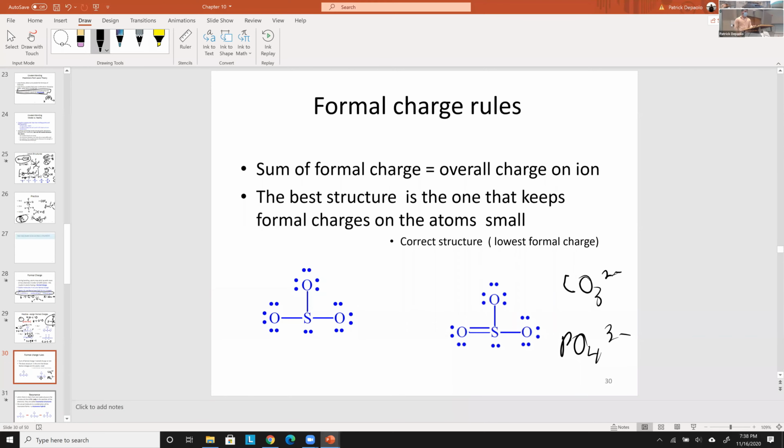So the best structure is the one that keeps the formal charges of the atoms small. So the lowest formal charge total. And more specifically, the smallest formal charge in each individual atom. So let's say the charge of the entire molecule is 0, but you have a formal charge, one of them is +4, the other ones are -1, -1, -1, and -1.